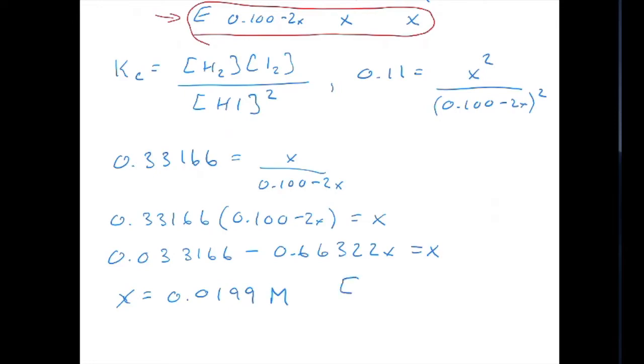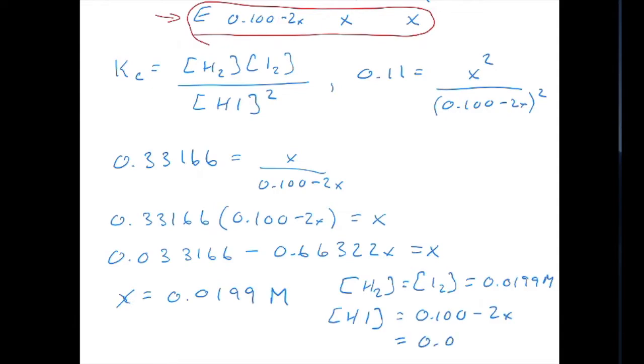So the concentration of H2 is going to equal the concentration of I2, which is going to equal 0.0199 molar, because that's just simply x, and the concentration of HI is going to equal 0.100 minus 2x, so then that equals 0.0602 molar. So these are our two equilibrium concentrations of our reactants and our products.